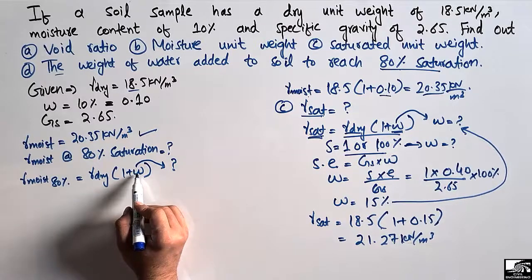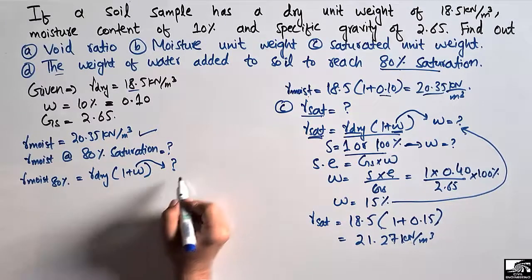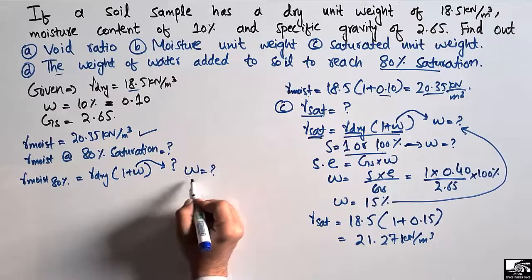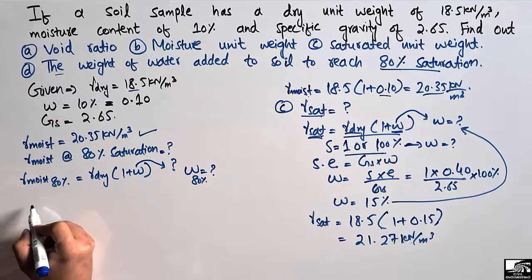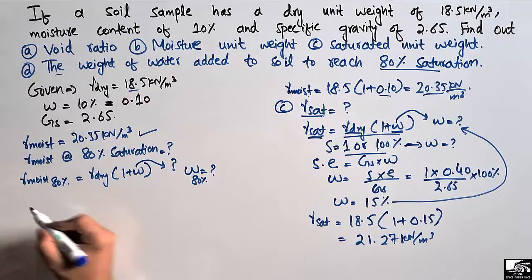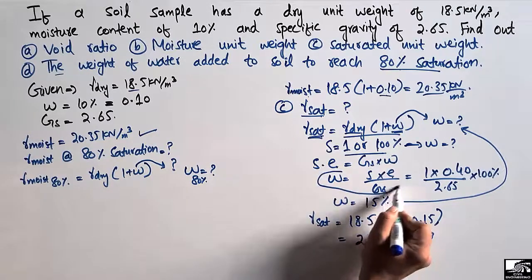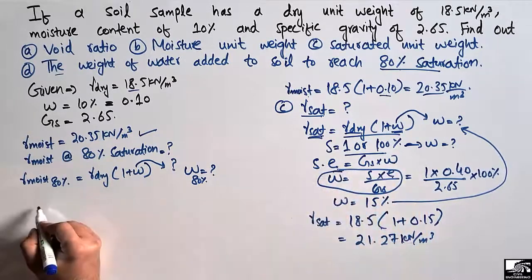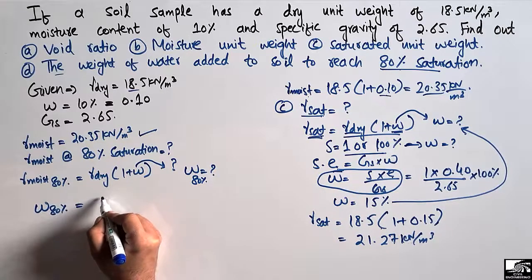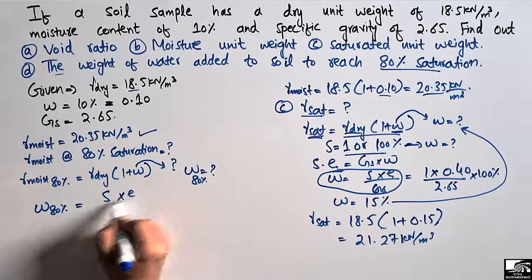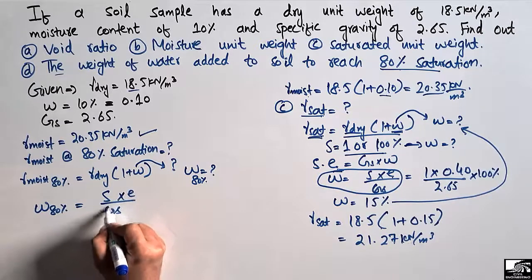So we will find out the water content now for the 80% saturation. It will be again the same formula. The water content at 80% is equal to S multiplied by e divided by Gs.